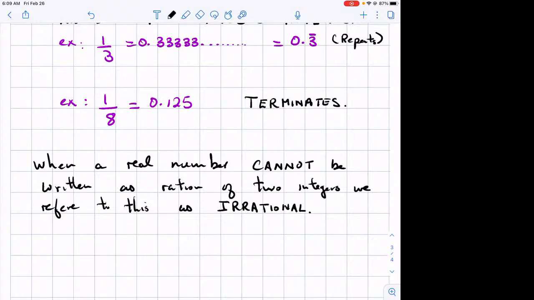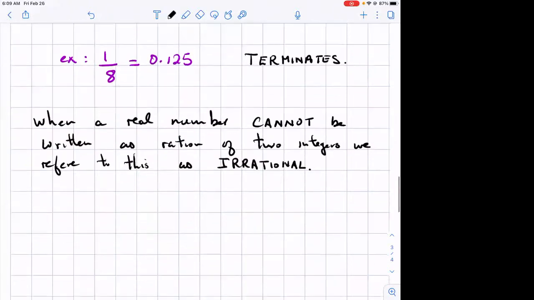It means the decimal representation never terminates.